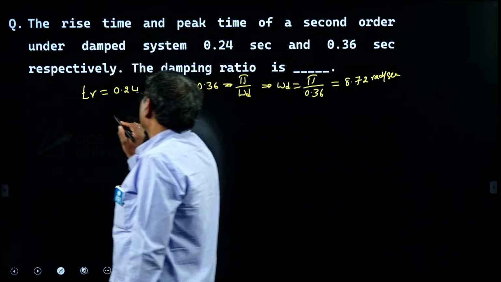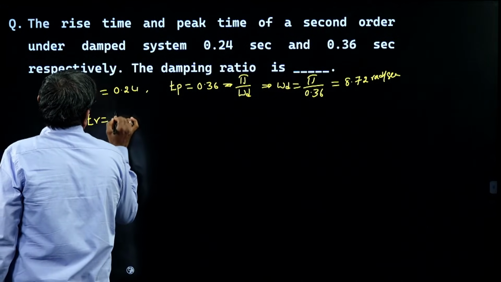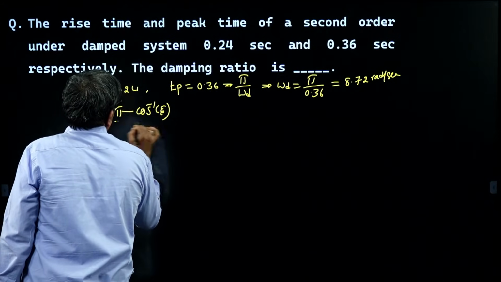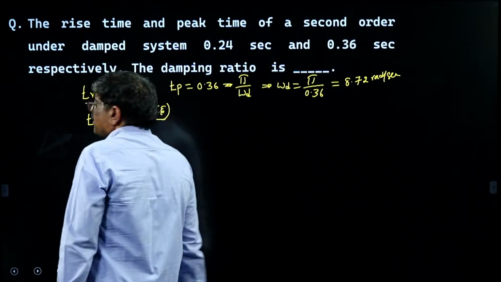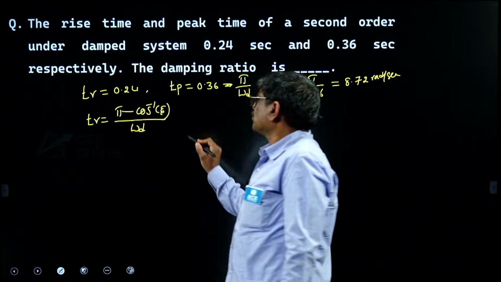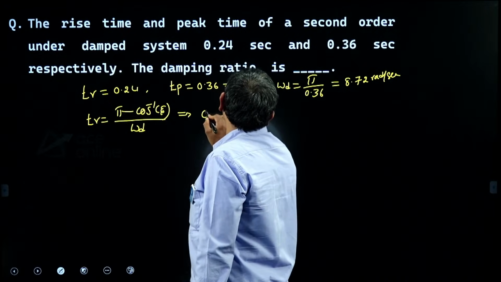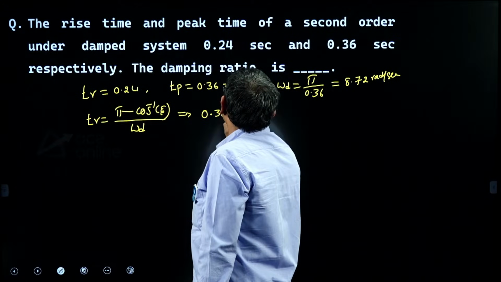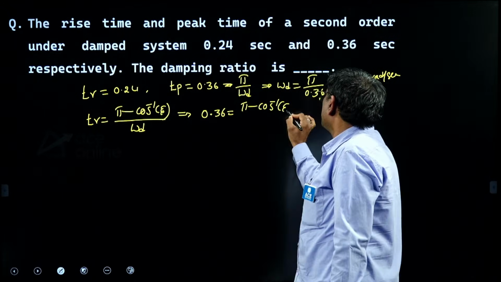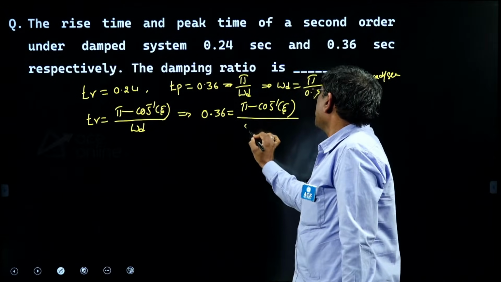Now use the formula for TR. What is the formula for TR? TR equals pi minus cos inverse zeta divided by omega D. Then get the value of zeta. So 0.24 equals pi minus cos inverse zeta divided by 8.72.